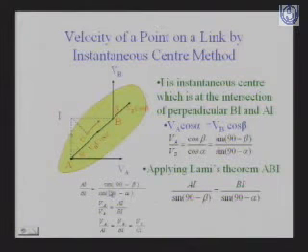So AI upon BI is equal to this much, and we get the final equation: VA upon AI equals VB upon BI equals VC upon CI. And you know that this is your angular velocity.